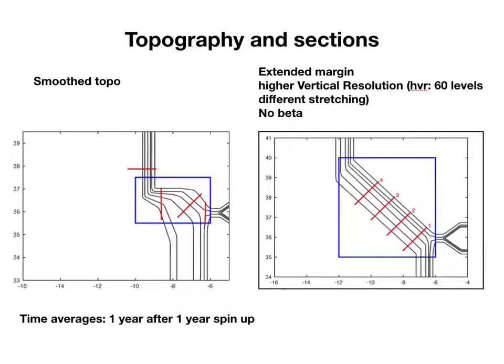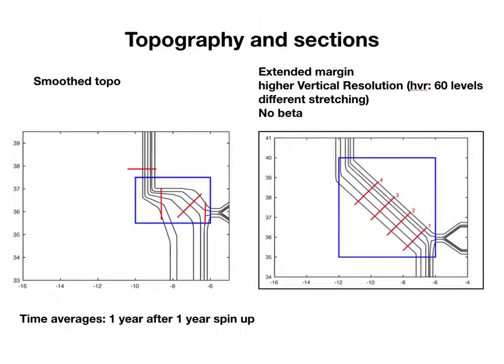Okay, so mainly two topographies: the smoothed topography, the one that I have called the idealized or ideal experiment, and the second one, which actually was your suggestion, a longer or what I call extended margin experiment.